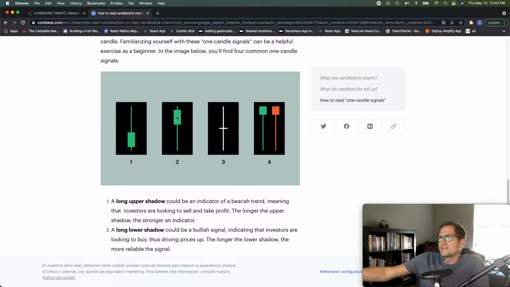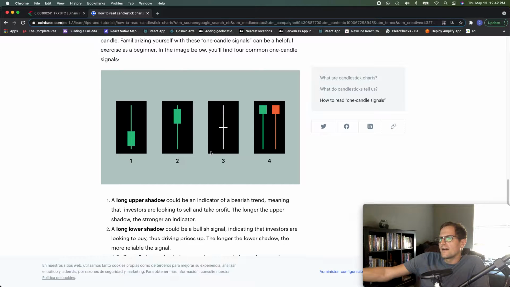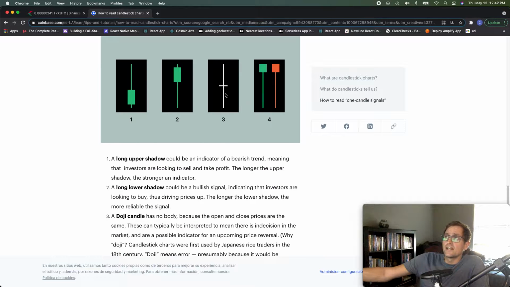Now, I'm showing you technical analysis, and this can be used for cryptocurrency. It can be used for stocks and other things as well, but we're just going over crypto here. Next is the Doji Candle. It has no body because it has opened and closed at the same period.